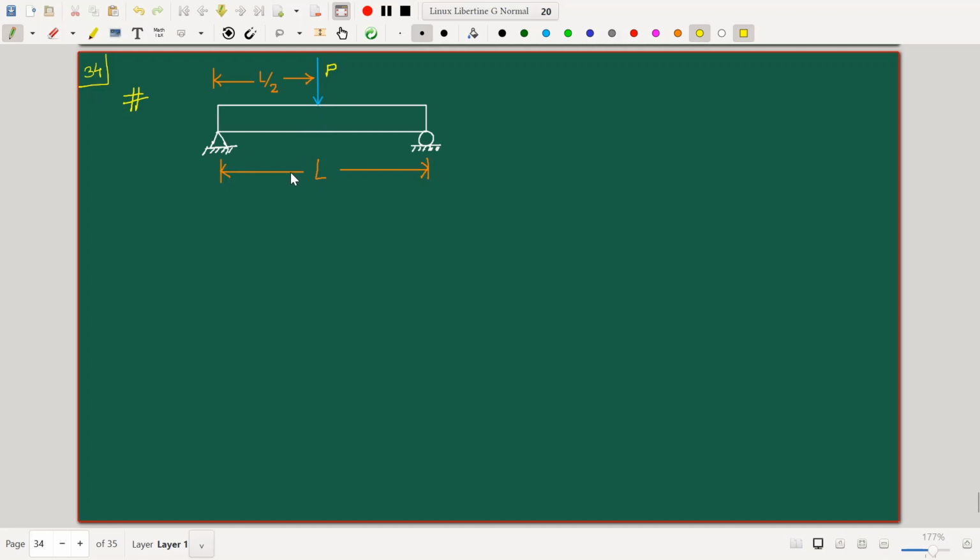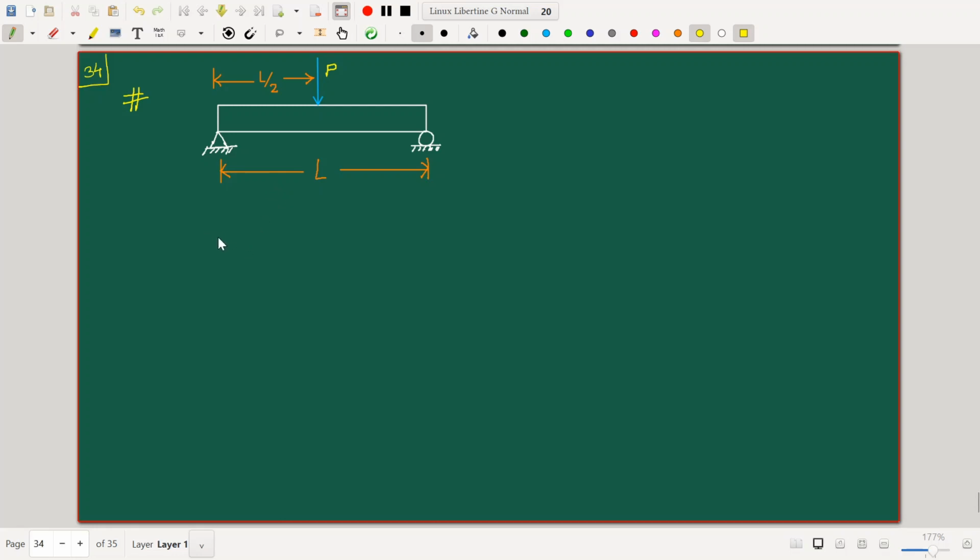Now as in the previous problem, our whole job will be effectively done the moment we find out the bending moment expression.